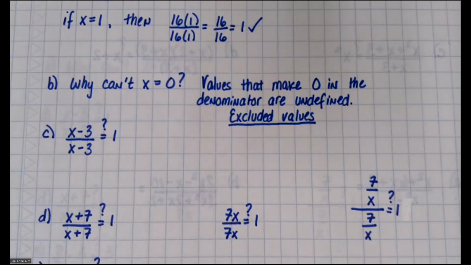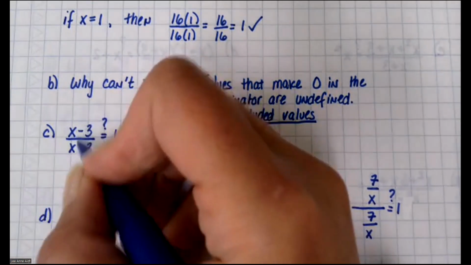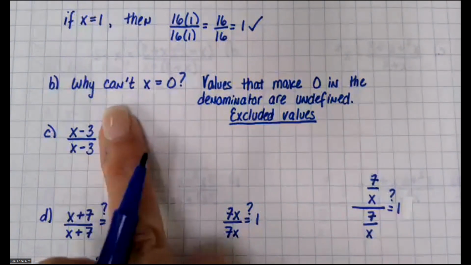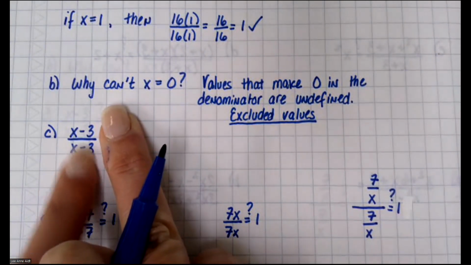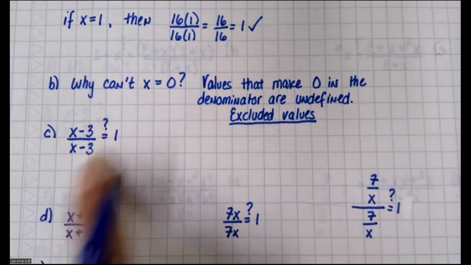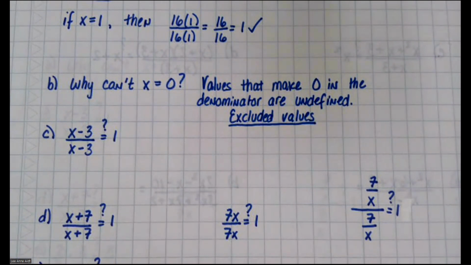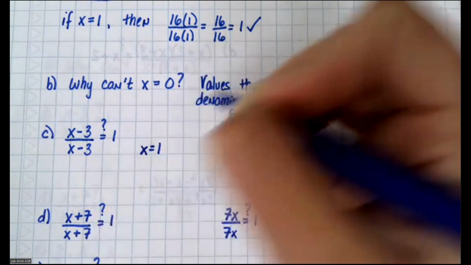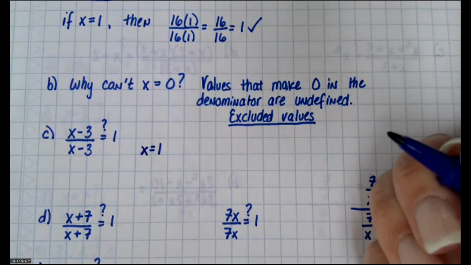Okay, now let's talk about C here. First thing I want to ask you is, is this true? Does your gut tell you what x minus 3 over x minus 3 is? Okay, we're going to make sure, because we're very untrusting over here.